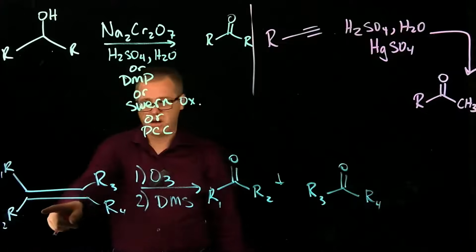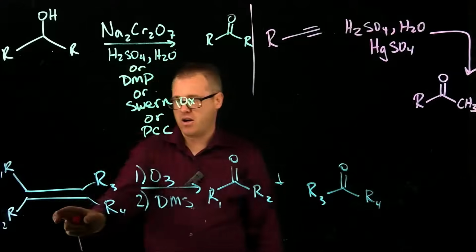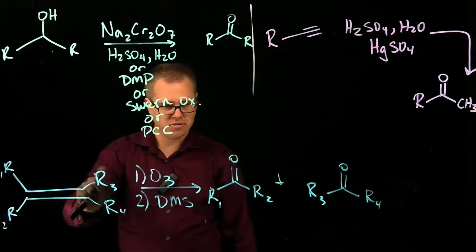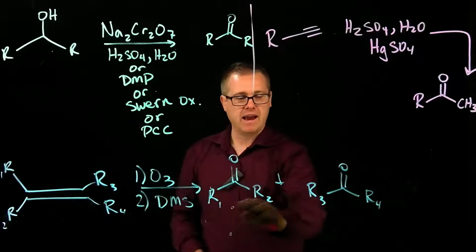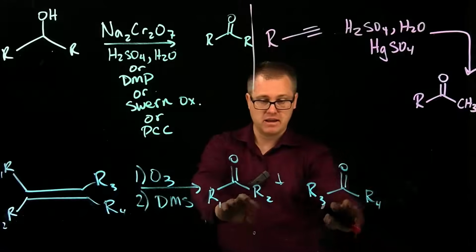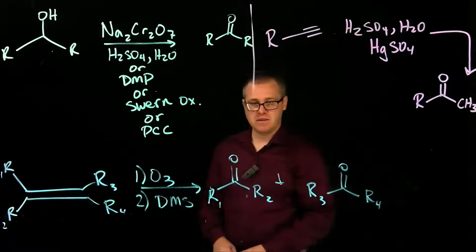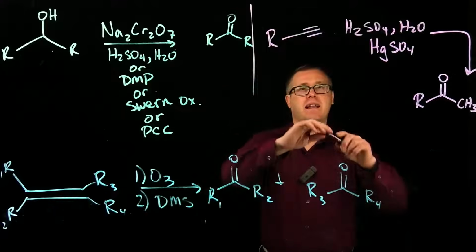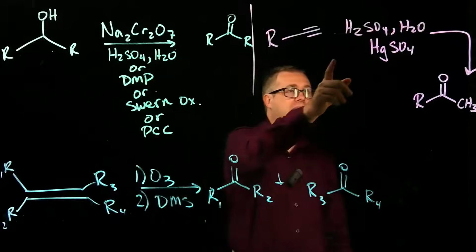We have ozonolysis of alkenes again, but what's different now is that we have 4 R groups in this particular example, and so you can see now we are going to have two ketones. So this is ozonolysis of alkenes, and then in pink, what do we have here? We have the acid catalyzed hydration.